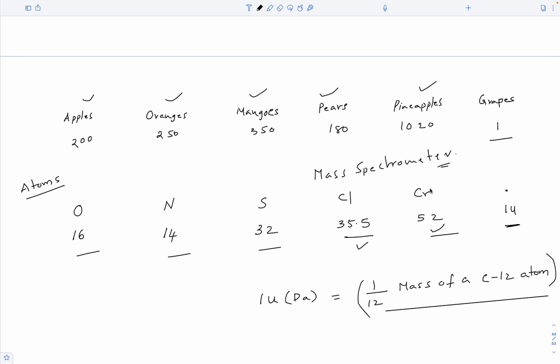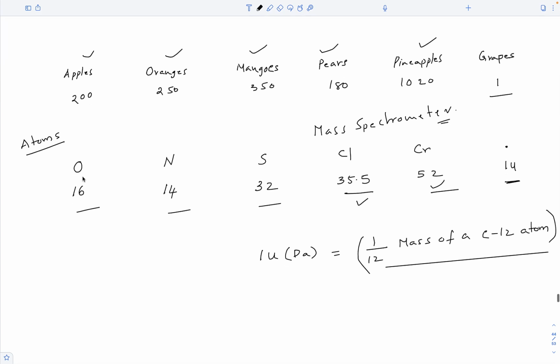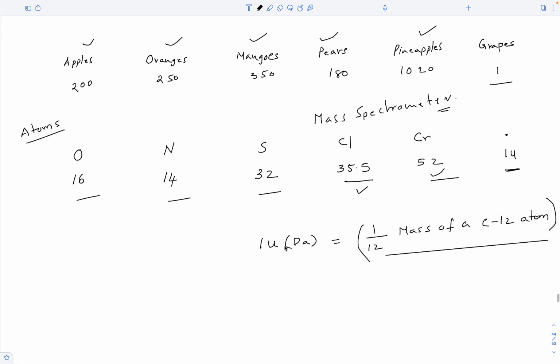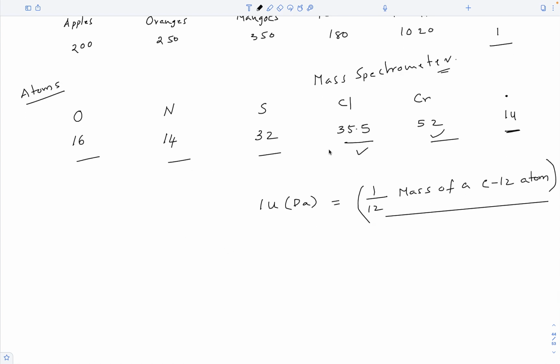Now, if I want to buy equal number of oxygen atoms and chlorine atoms, what amounts of oxygen and chlorine should I buy? Simple. The weights must be in the ratio of their atomic weights or relative atomic masses. This is the ratio of their atomic weights.